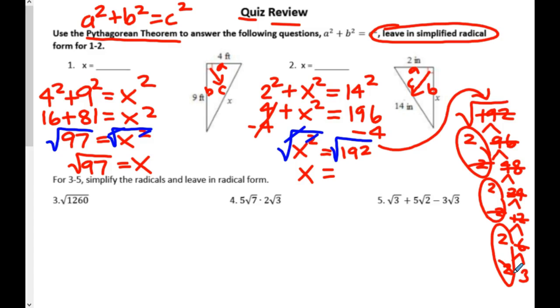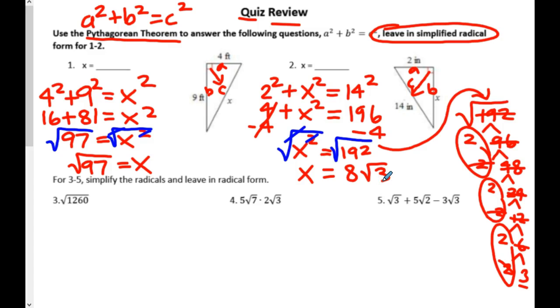Please multiply. So 2, 2, and 2, when I multiply them, I'm not going to get 6. It's not 6. 2 times 2 is 4. 4 times 2 is 8. Square root sign, and my loner 3 is going to stay inside. So I got 8 square root of 3.